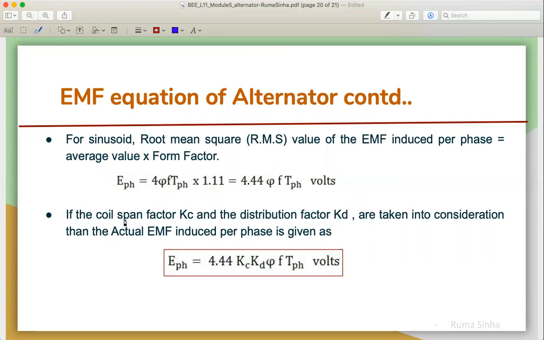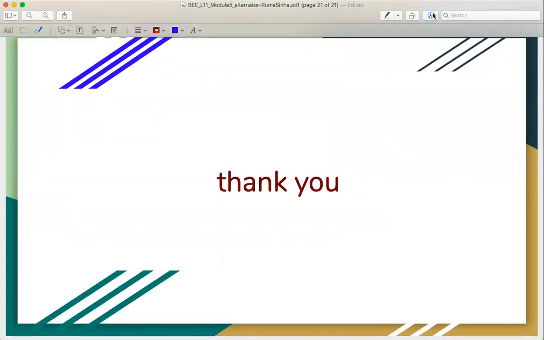So if I take the coil span factor, or pitch factor, as Kc, or you can write it as Kp as well, and the distribution factor as Kd, then we can write the EMF induced as whatever we had, multiplied by Kc into Kd, or Kp into Kd. So the induced EMF is equal to 4.44 Kc Kd phi f Tph volts. So this is the induced EMF expression. Thank you.